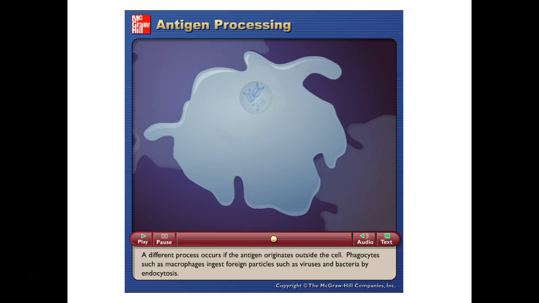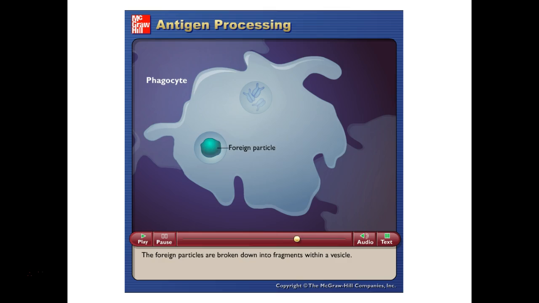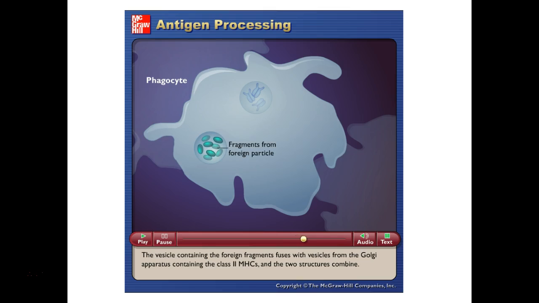A different process occurs if the antigen originates outside the cell. Phagocytes, such as macrophages, ingest foreign particles, such as viruses and bacteria, by endocytosis. The foreign particles are broken down into fragments within a vesicle. The vesicle containing the foreign fragments fuses with vesicles from the Golgi apparatus containing the class 2 MHCs, and the two structures combine.